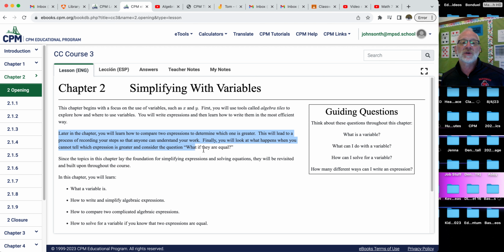Later in the chapter, we'll compare expressions to determine which expression is greater. This will lead us to a process of recording your steps so that anyone can understand your work. Finally, we'll look at what happens when you cannot tell which expression is greater and consider the question, what if they're equal? Since the topics in this chapter lay the foundation for simplifying expressions and solving, they will be revisited and built upon through the course.